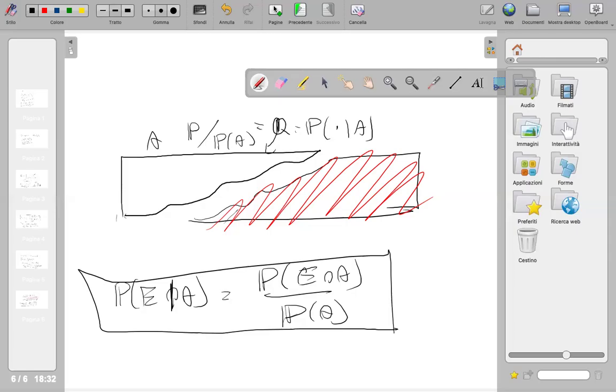So B is equal to the set that two aces. Sorry, no. The probability of, okay.